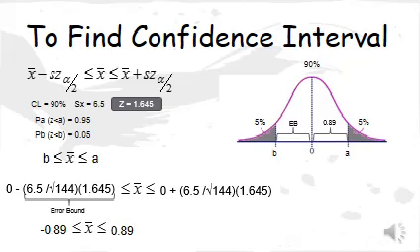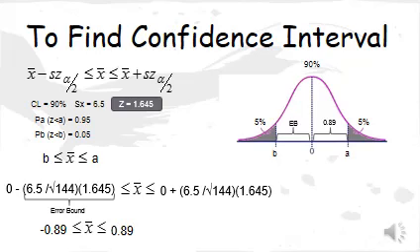Now that we have z being equal to 1.645, we can finish this equation by inputting all of the data. We will start with the mean being 0, subtract our standard deviation over the square root of our sample size, so that's 6.5 divided by square root 144, and multiply that by our z, which is 1.645, which will find us our random variable b on the left side of the mean.